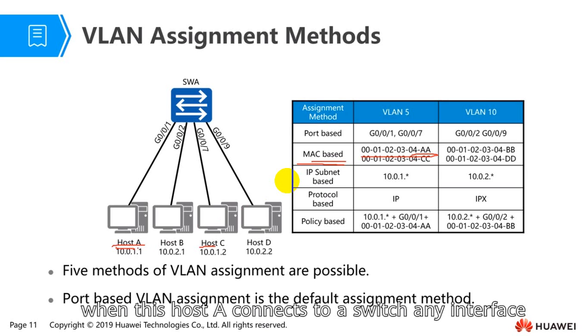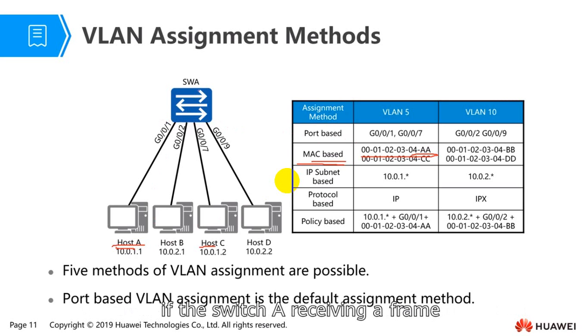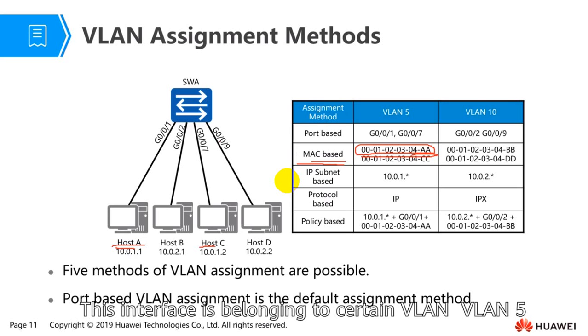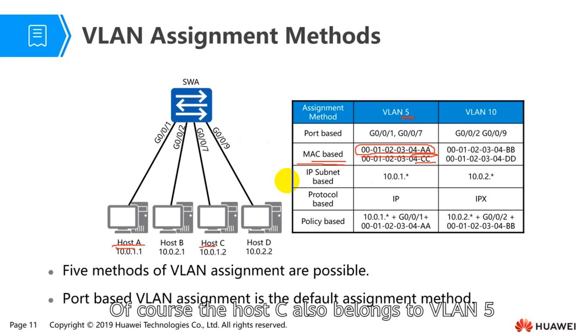Then when host A connects to a switch, on any interface, if the switch receives an Ethernet frame with this source MAC address, then this interface belongs to a certain VLAN, VLAN 5. Of course host C also belongs to VLAN 5. What interface it is connected to doesn't matter.